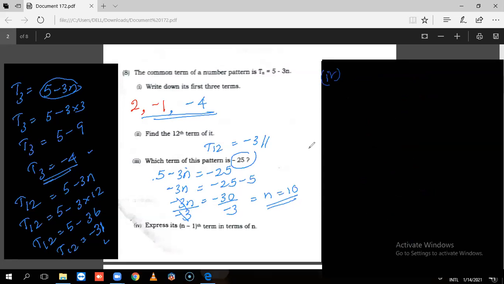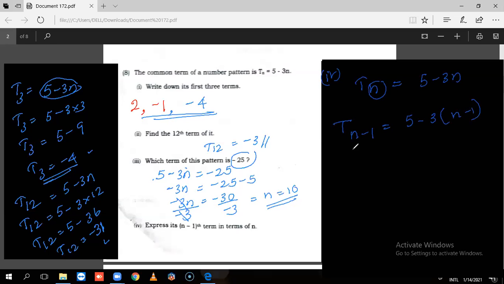Express the n minus 1th term. So we have to write the general term Tn equals 5 minus 3n. Instead of n we can substitute to find the n minus 1th term: 5 minus 3. Substitute the n minus 1 here.